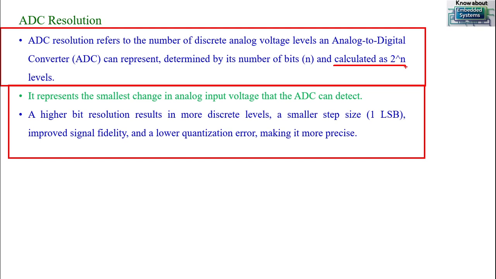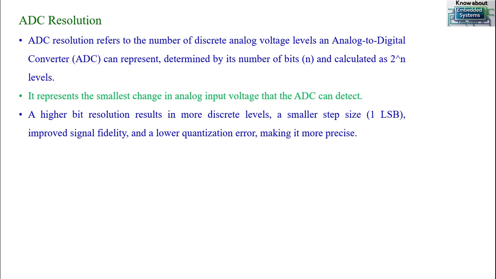So what is n? n represents the number of bits of your ADC, whether your ADC is 8-bit, 10-bit or 12-bit, like that. So in two different ways the ADC resolution is defined, and if you have more number of bits, then you will have a higher resolution. Higher bit resolution results in more levels. If you have more bits, the resolution will be more.